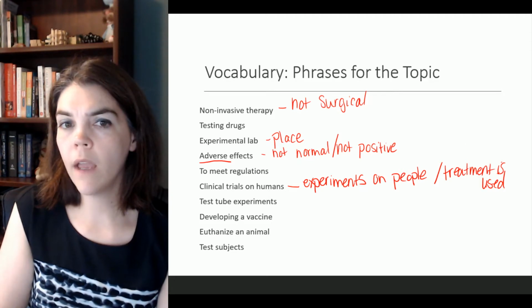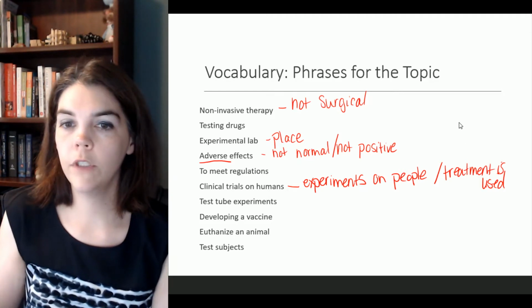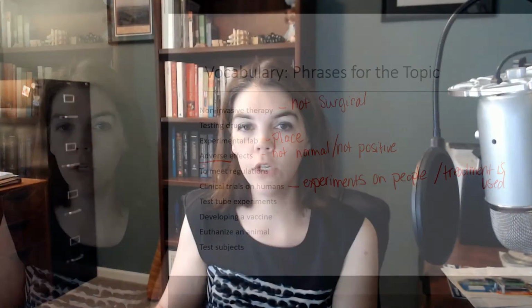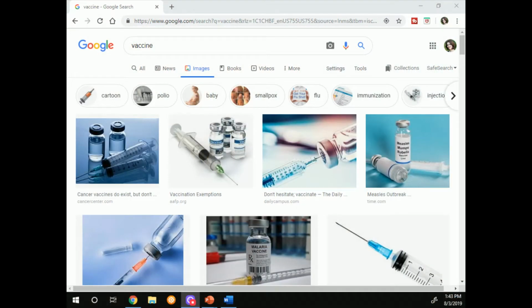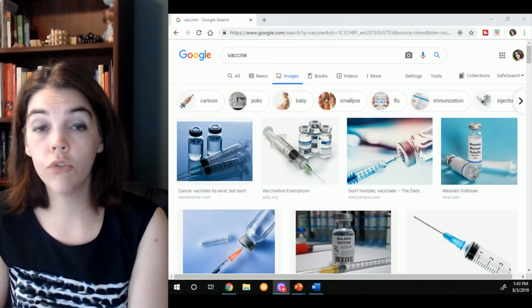And a vaccine, let me just go back so you can see a nice picture, because it's much better when you have a picture to go along with something. Yeah, so a vaccine involves a liquid that is injected into a person, and that liquid might have a virus, it might have a drug, it has something that's going to be treatment for the person.